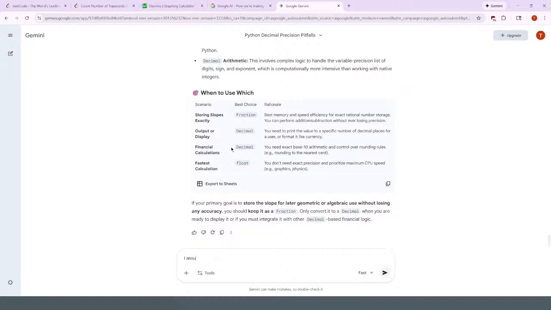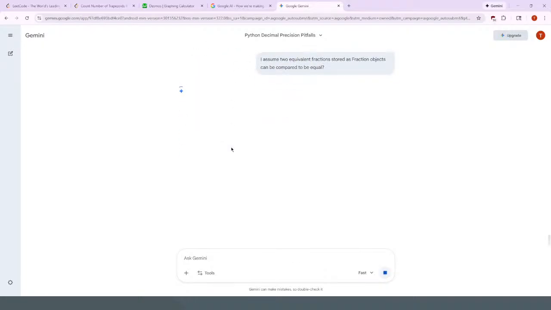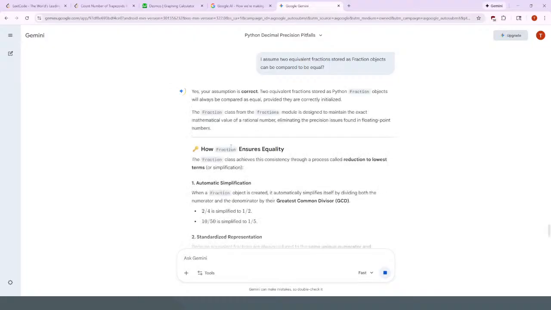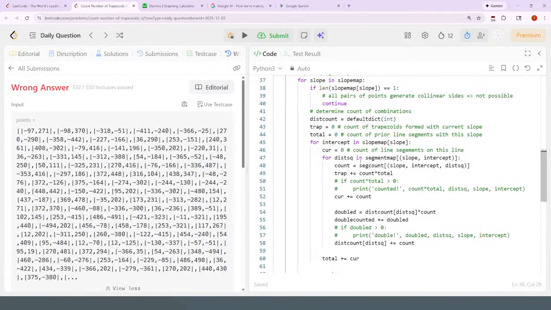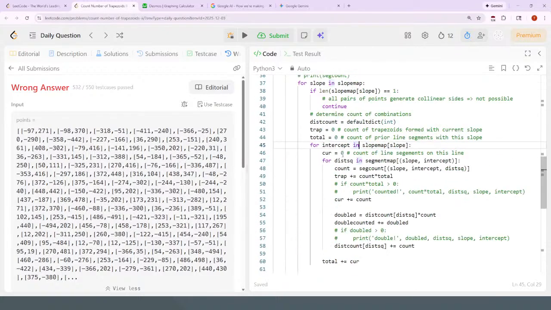Okay. Functions can be compared to. Okay, so I need to do fractions, I guess, rather than convert them to decimal or some other roundabout way.